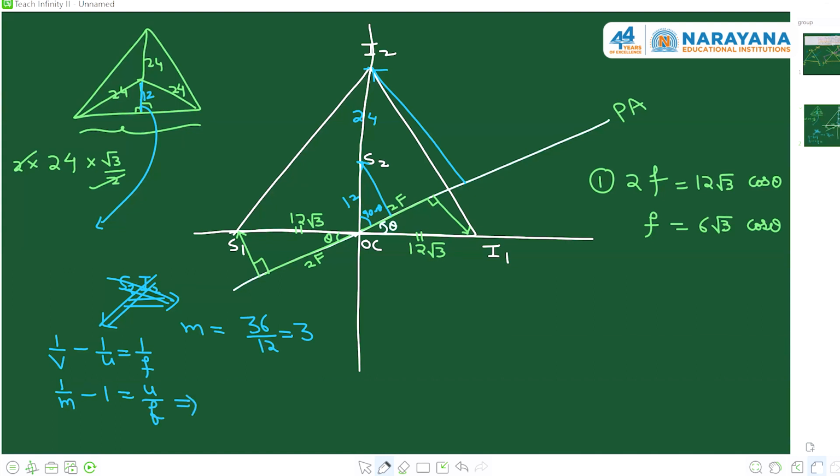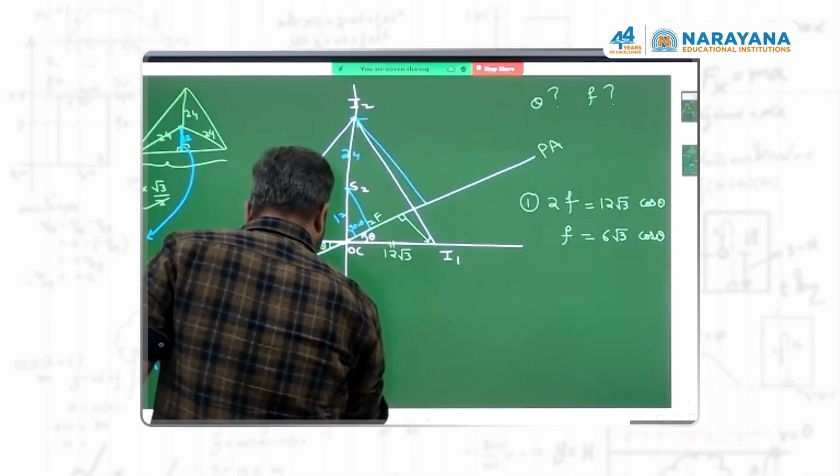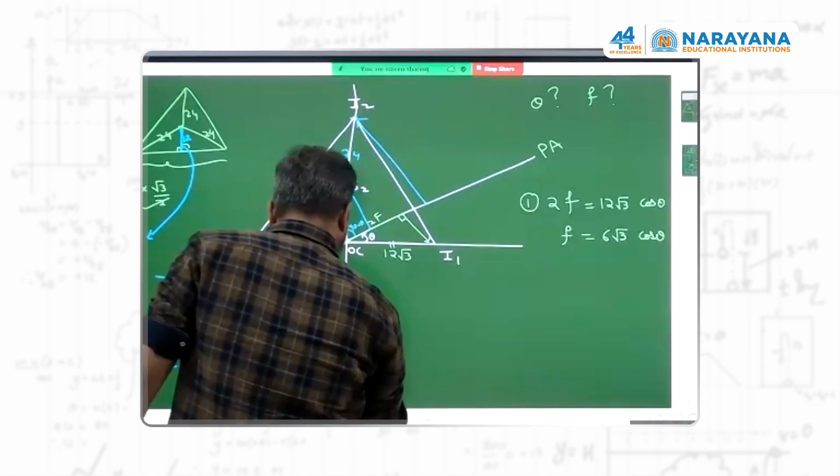And for the S2I2 combination, this becomes 1 by 3 minus 1, that is equal to u upon f, where f is the magnitude, positive focal length of the converging lens. So u, this being the principal axis, this being the optical center, is negative of 12 sine theta. You can check that.